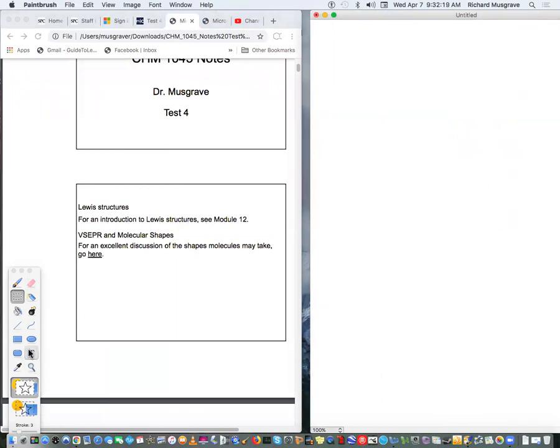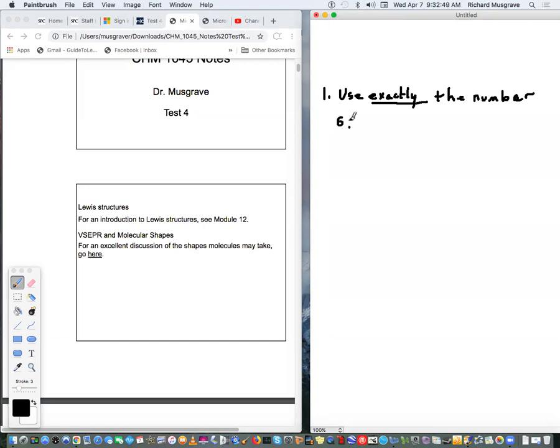Okay, so as we know about drawing Lewis structures, there are two rules that we need to follow. First of all, we use exactly the number of valence electrons calculated.